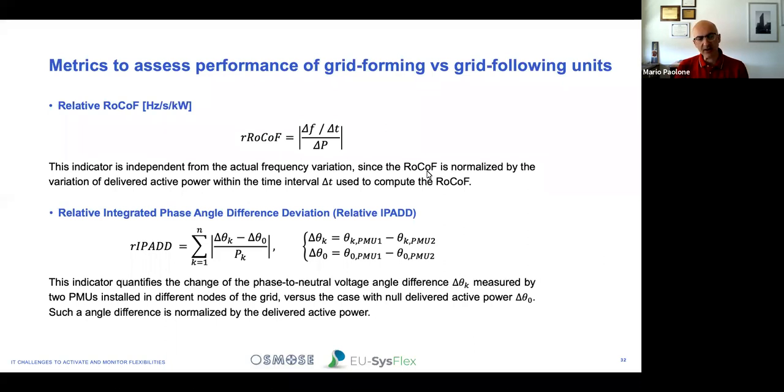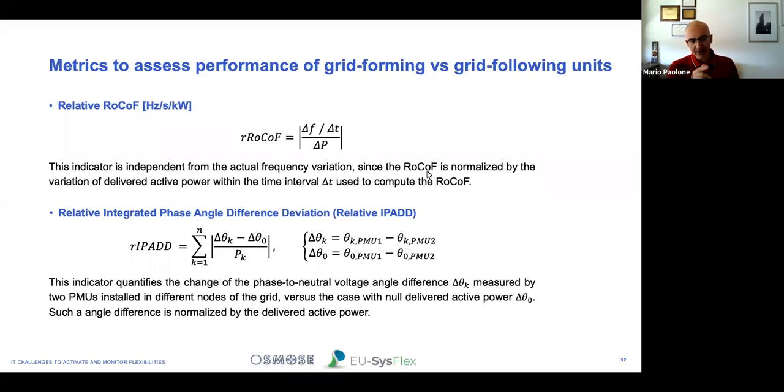And then the second metric is the integrated phase angle difference deviation. Call it also iPad, which is not an Apple device, but it's a metric. Essentially, this metric quantifies the deviation of the phase-to-neutral voltage difference between two points of the grid, typically measured by phasor measurement units, again normalized by the power provided by the converter.